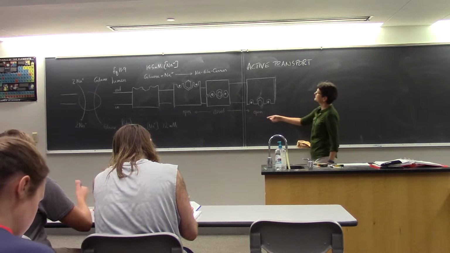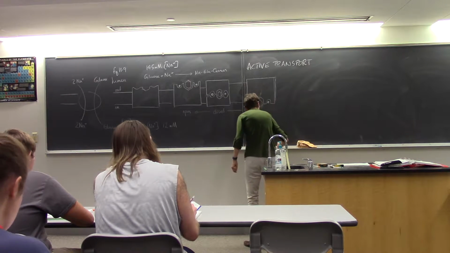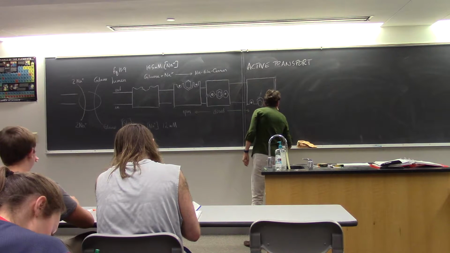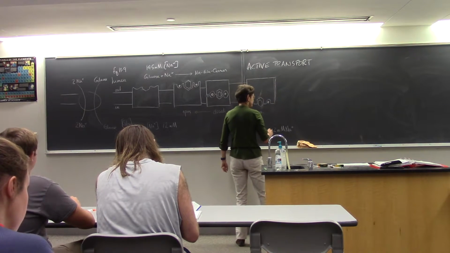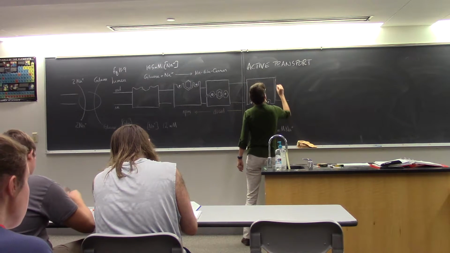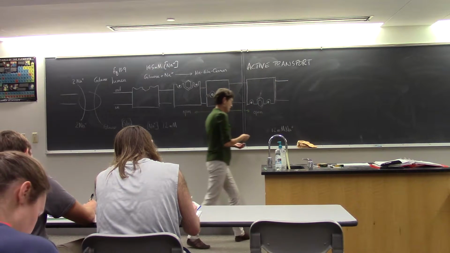But what happens if it flips into this state? Inside the cell, if there's only 12 millimolar sodium, that's going to favor the reverse reaction, the dissociation of the sodium.